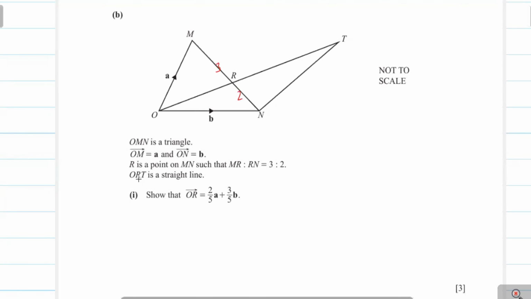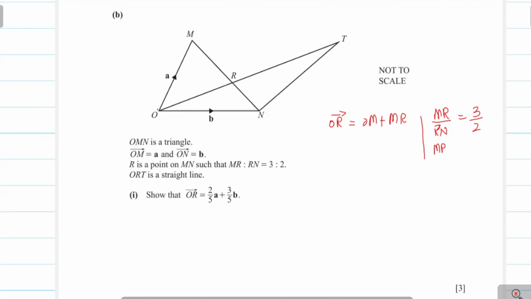Part B, first. OMN is a triangle, OM equal to a, ON equal to b, R is a point on MN such that the ratio MR to RN equals 3 to 2. Show that OR equals 2 over 5 a plus 3 over 5 b. You see here the OR is equal to OM plus MR. We can write here the ratio MR to RN equal to 3 over 2.